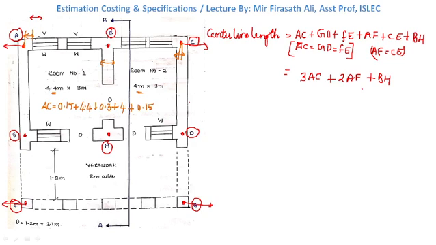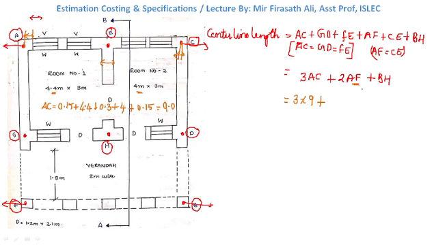When we add all this, we will get the value of AC. 4.4 plus 4 is 8.4. 8.4 plus 0.6 is equal to 9.0. So we need to substitute 3 into 9.